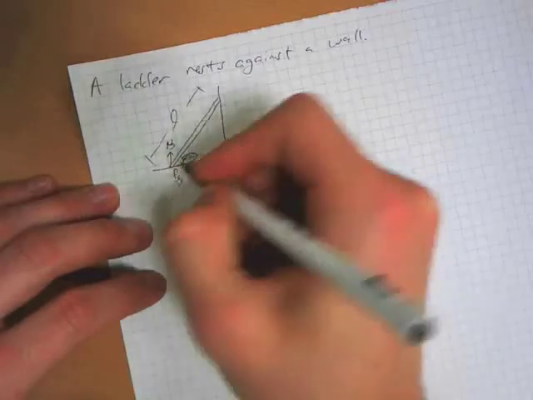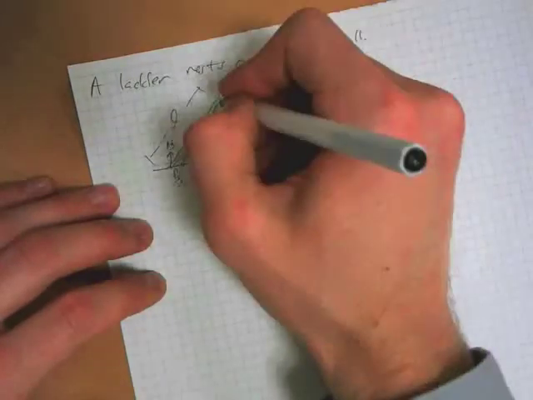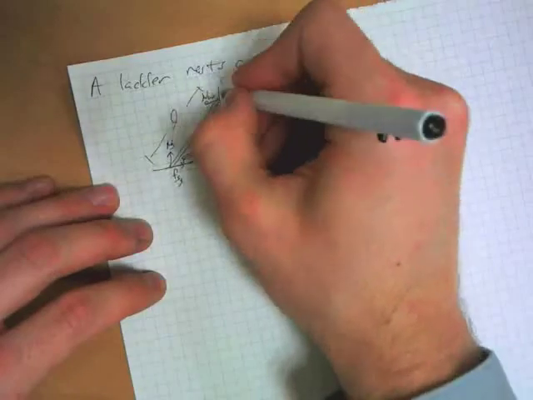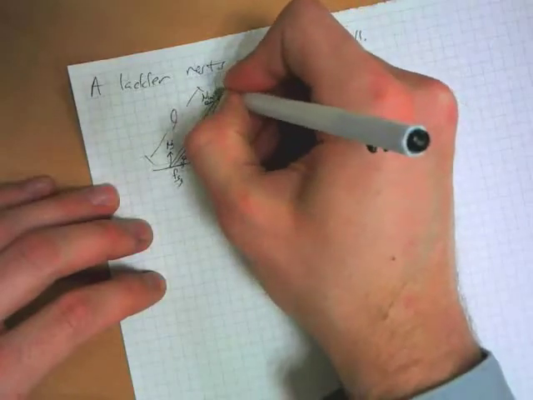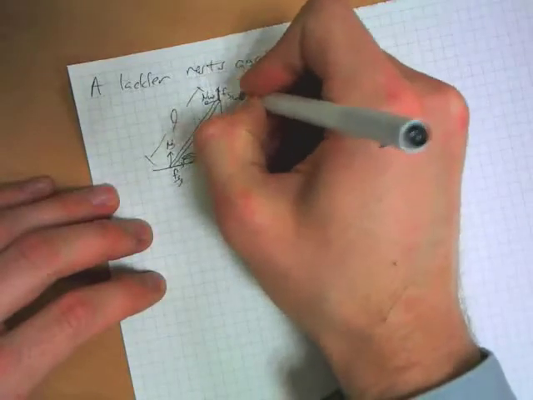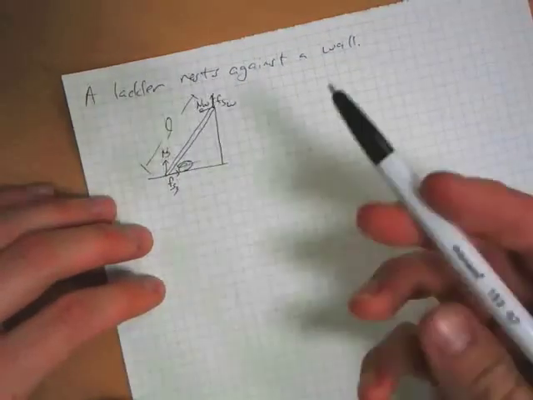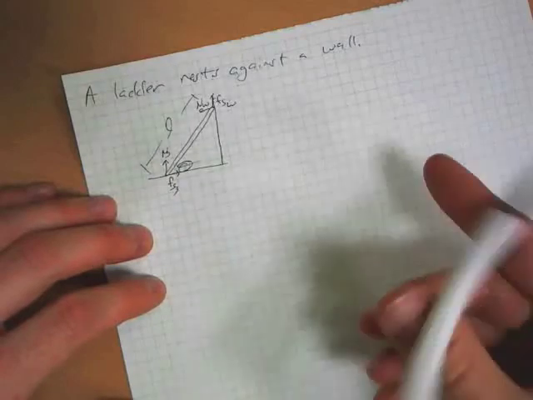Over here, we would have a normal force going outward from the wall, and then we'd also have static friction holding the ladder up. So this would make for a fairly complicated torque equation.